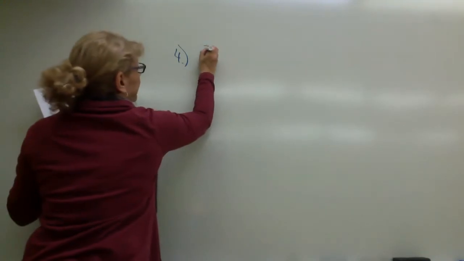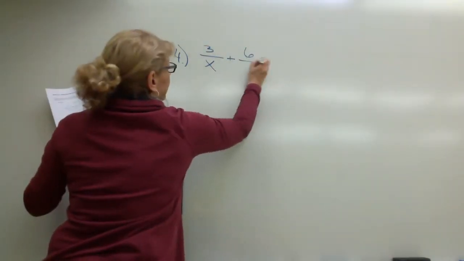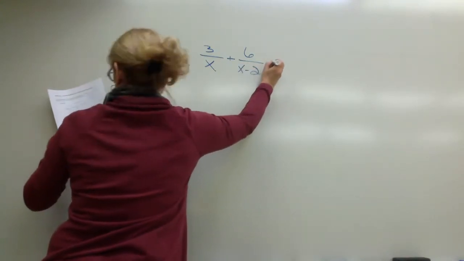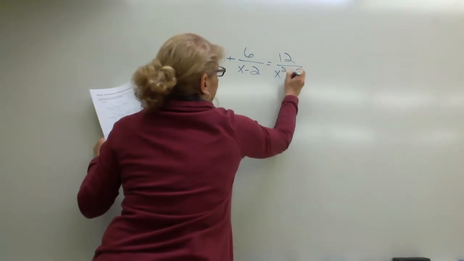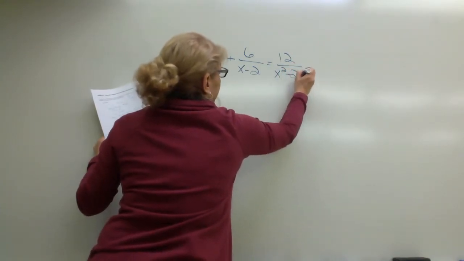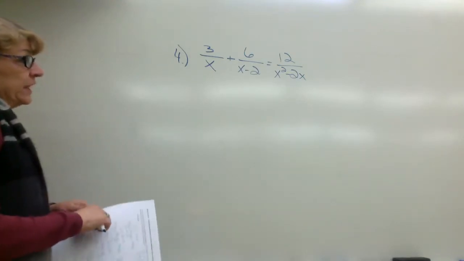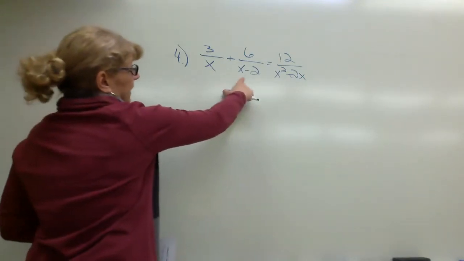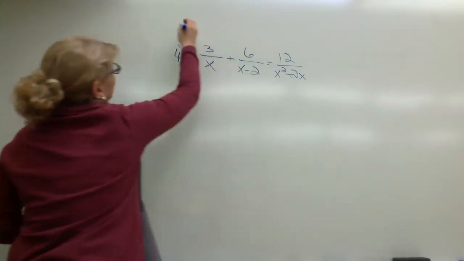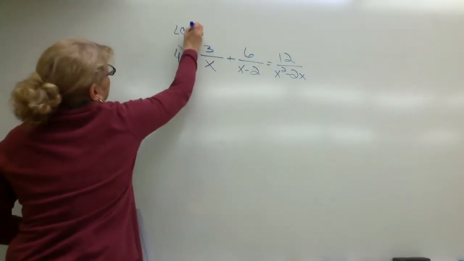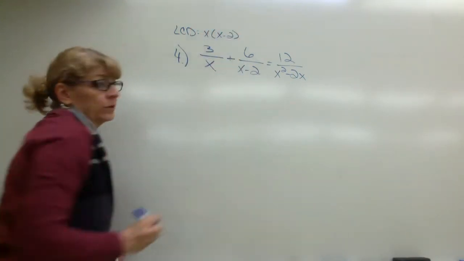I have 3 over x plus 6 over x minus 2 equals 12 over x squared minus 2x. So when we look at this, least common denominator, I have x, x minus 2. This factors to x times x minus 2. So my least common denominator is going to be this x times x minus 2.